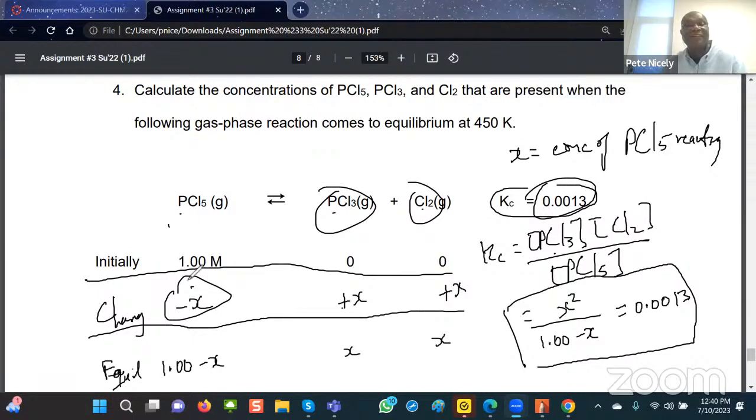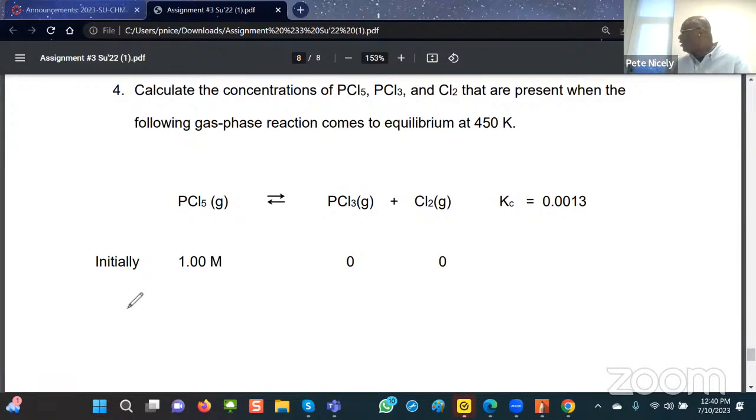So let me clear this right here. So I'm just going to write down the equation that I ended up with, which is X squared plus 0.0013 X minus 0.0013, and that would be equal to 0, all right?